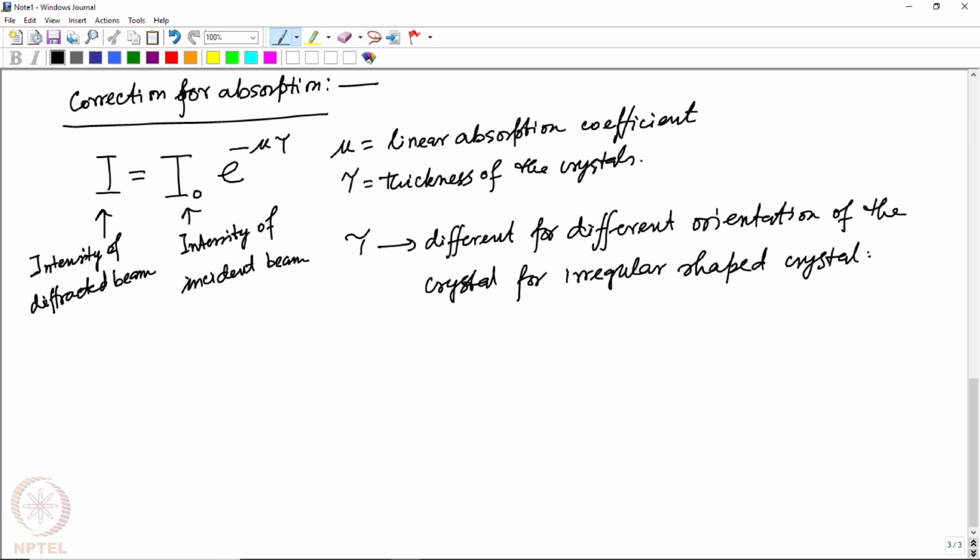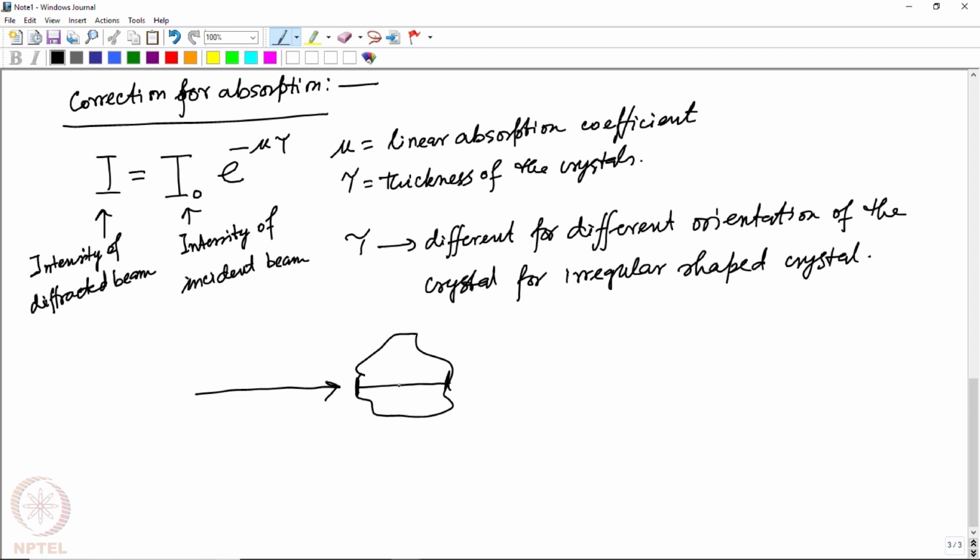What does it mean? Suppose we have a crystal of some irregular shape and at some point the X-ray meets the crystal like this, the path length inside the crystal is this one.